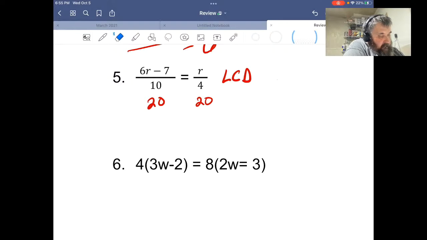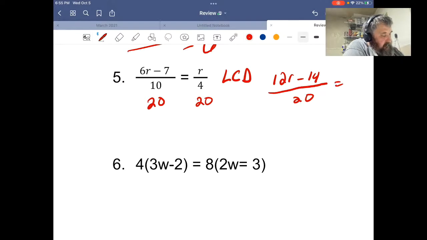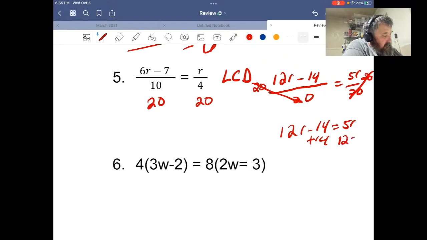So that's 12. 12R minus 14 over 20 equals 5R over 20. Okay, so 12R minus 14 equals 5R. I'm going to add 14 to both.